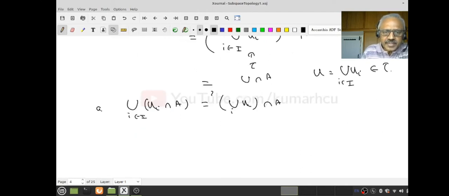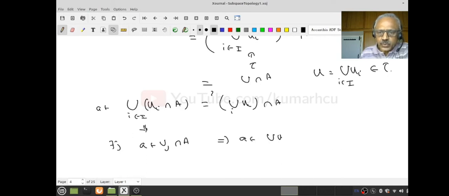Suppose I have an a here. This means there is a j such that a belongs to Uj intersection A. Therefore, this implies a belongs to the union of Ui, because Uj is here, and a also belongs to A. This means a belongs to the union of Ui intersection with A. Therefore, a belongs to this side.